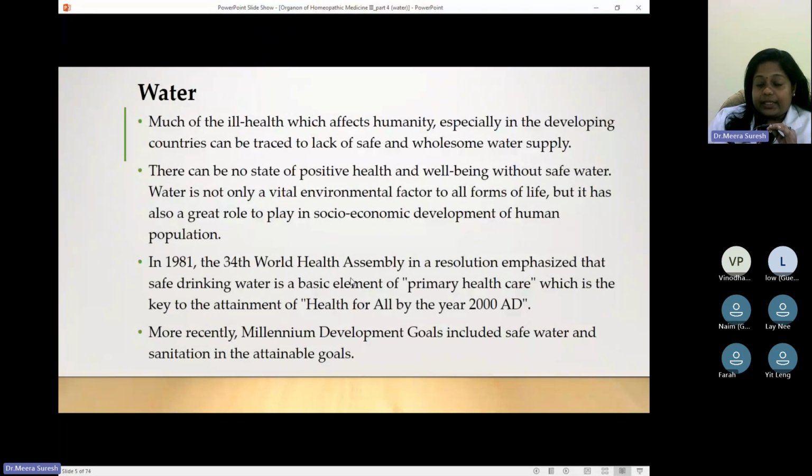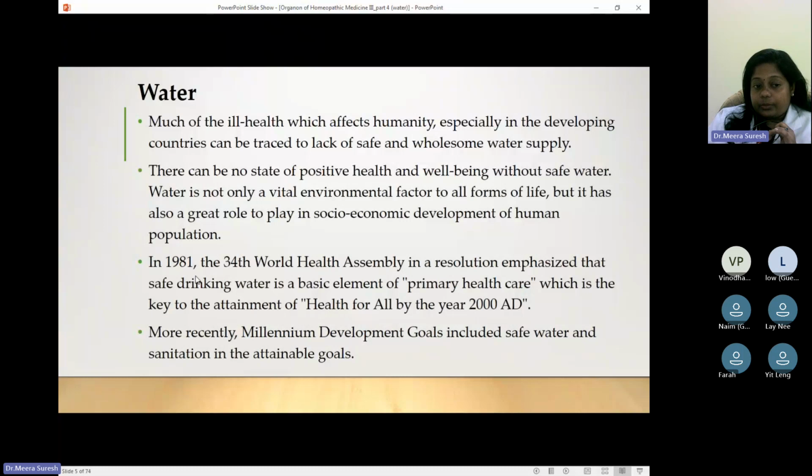And the World Health Assembly, by making water a basic element of primary health care, said it is the key for the attainment of health for all by the year 2000.